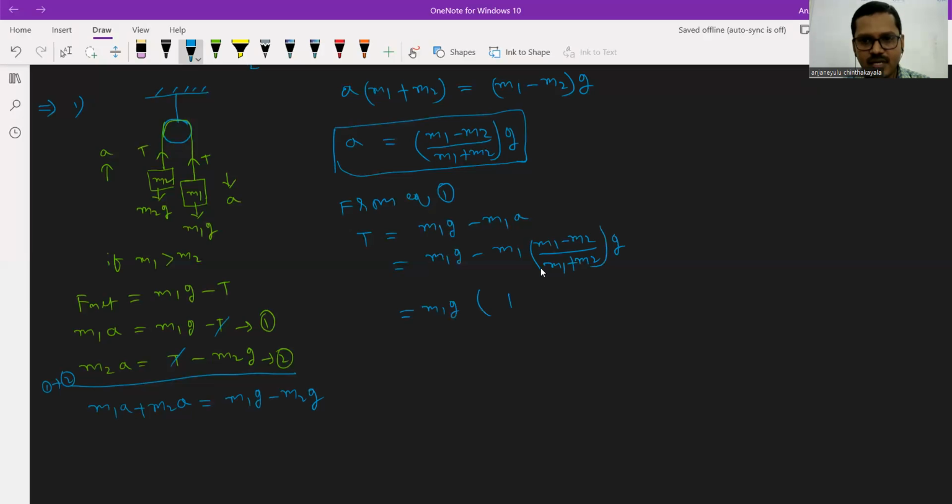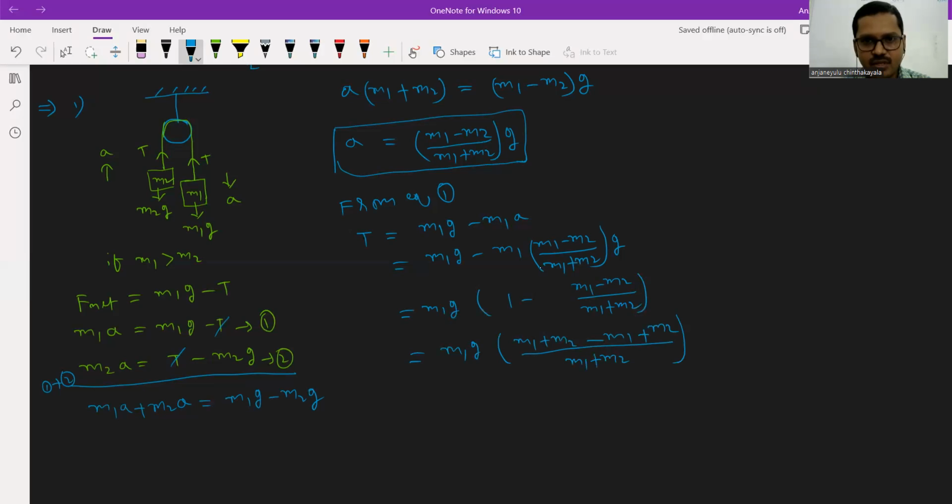So M1G we can take common. Then this is 1 minus (M1 minus M2) over (M1 plus M2). After taking the LCM, M1G into (M1 plus M2) minus (M1 minus M2), divided by M1 plus M2.